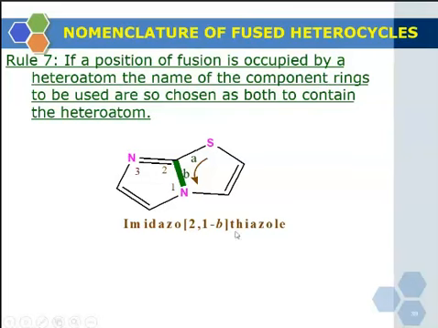Parent, substituent, and both are fused and the position of fusion is shown within this square bracket. Here we can see the site of fusion is between position number 2 and 1. Hence 2,1-b. That is the parent ring is fused with the substituent along its surface b. Hence 2,1-b thiazole. It is imidazo thiazole.